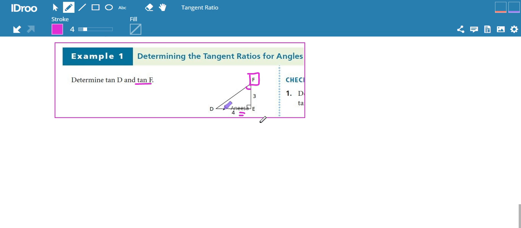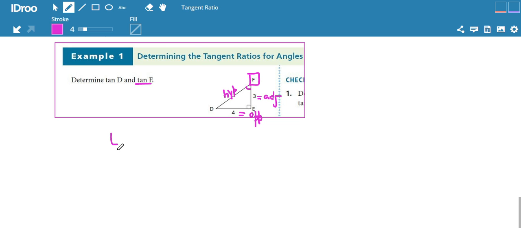Yeah, this is opposite. What would be the hypotenuse? Right here. And what would be the base, adjacent? The adjacent is 3.